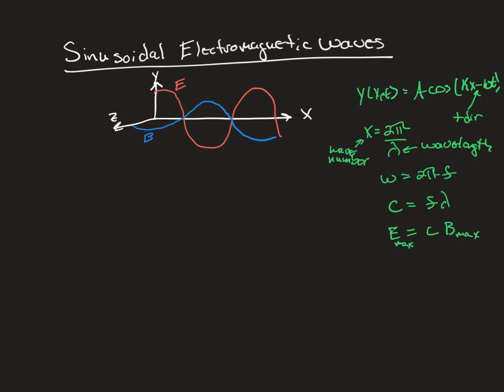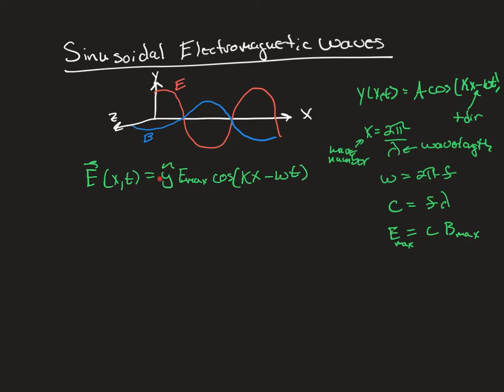So translating this relationship here for the electric field and the magnetic field, we get that the electric field is equal to, and for this diagram it's in the y-hat direction, but it may not always be in the y-hat direction, the maximum electric field times the cosine of the wave number times x minus the angular frequency times time.